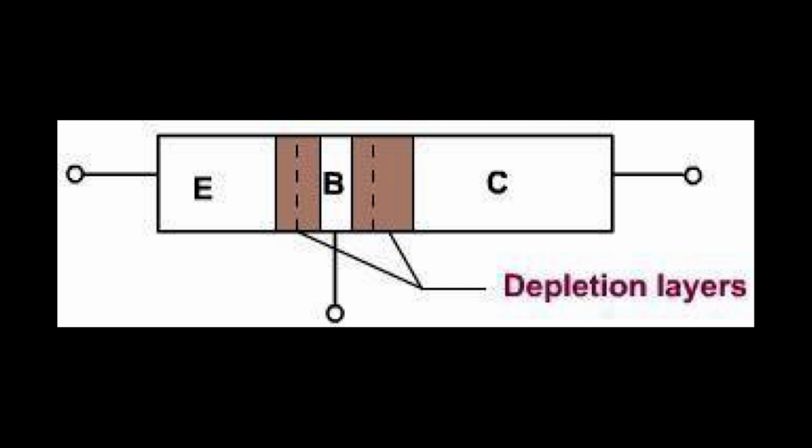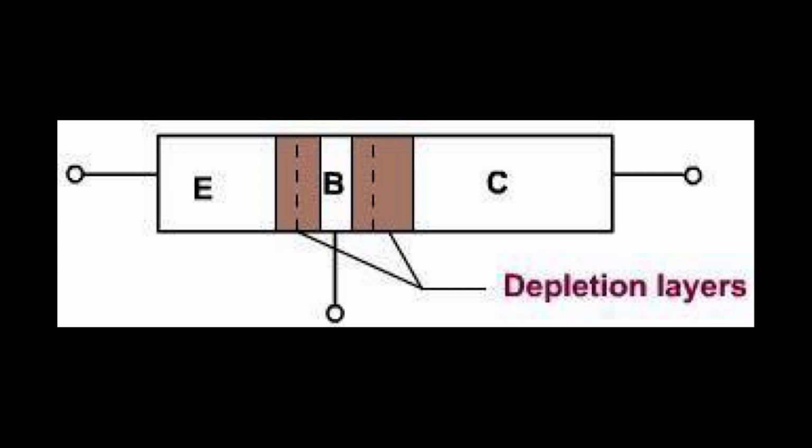If we can observe here, the base has the thinnest thickness, or the thickness of the base is minimum, and again it has been occupied more by the depletion layers of both the junctions.